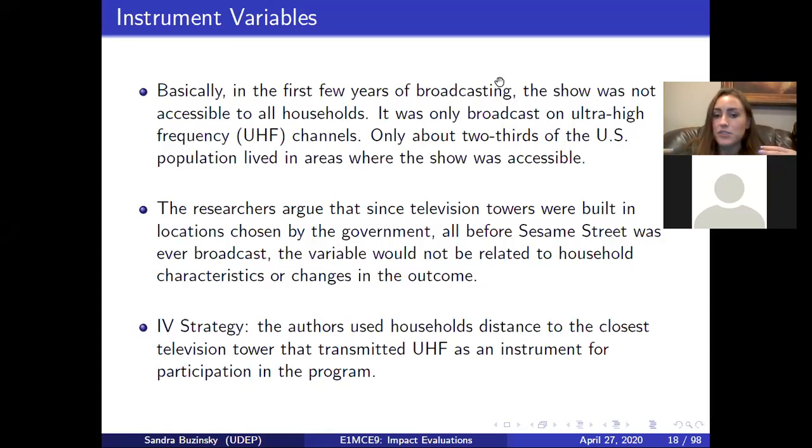All of these factors are going to affect where the government puts in these towers. So of course, it's not really random. It's going to be a function of characteristics and demographics. And if it's more rich areas and more populated dense areas, that's obviously going to affect education in other ways.